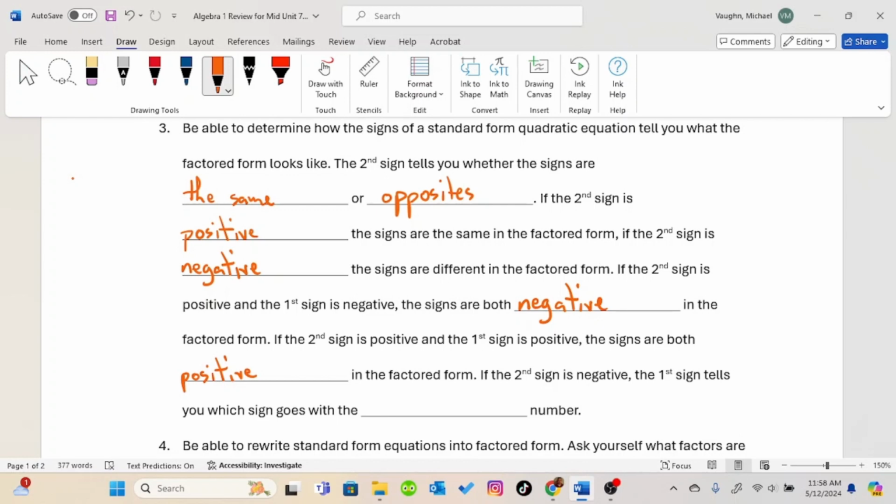If the second sign is negative, the first sign tells you which sign goes with the larger number. So as you are trying to change from standard form to factored form, these are the hints that you want to keep in mind so that it's easier for you to derive the factored form. If you have any questions about this concept, make sure you use class time to ask for clarification before the test on Thursday.